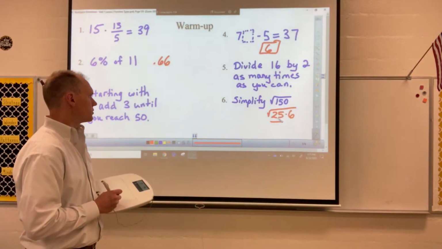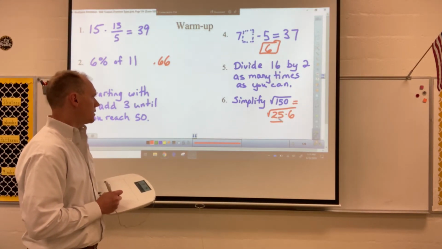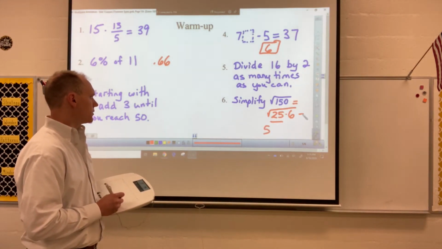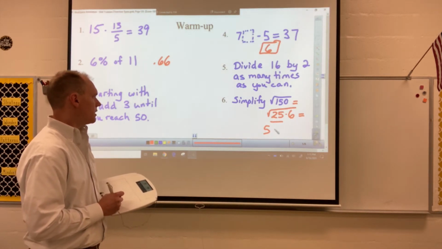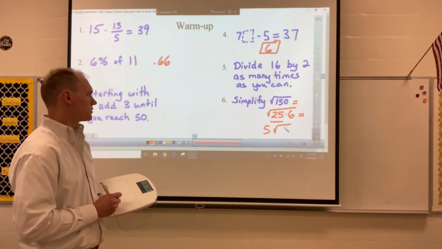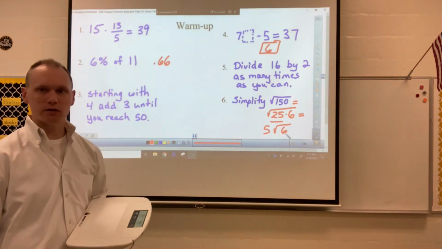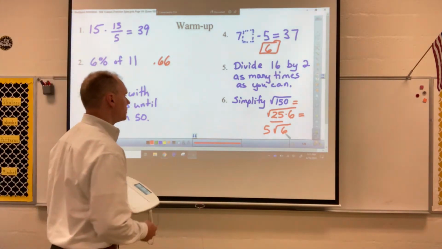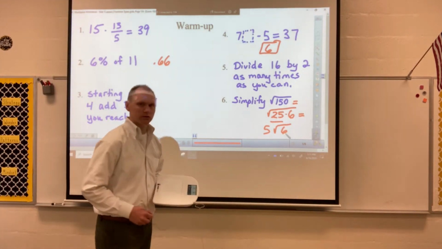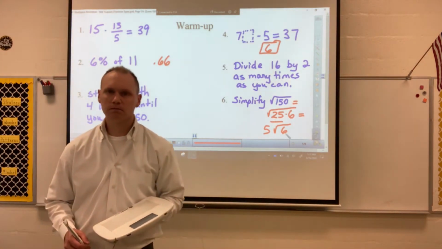So this is all equal to, square root of 25 is 5. And then because 6 is not a perfect square, we can't evaluate that part. So it's going to stay on the inside of the radical. So square root of 150 is equal to 5 times the square root of 6.